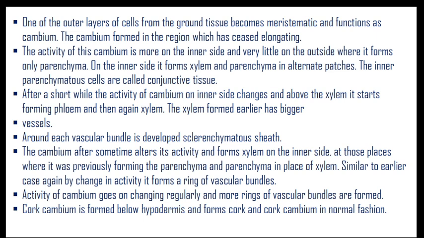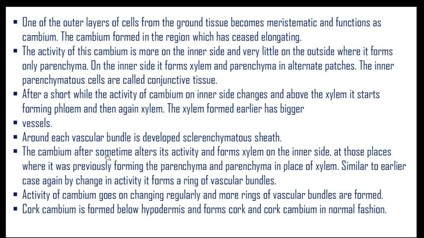After a short while, the activity of the cambium on the inner side changes, and above the xylem it starts forming phloem and then again xylem. The xylem formed earlier has bigger vessels. In this way, around each vascular bundle a sclerenchymatous sheath is developed, which is also called the bundle sheath.